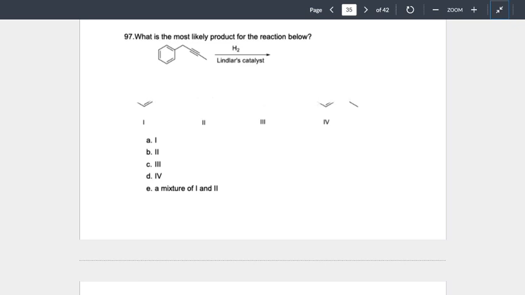So the first thing I would argue you should do is look here. What do you see? Triple. Right. Hopefully what you see is the triple bond.